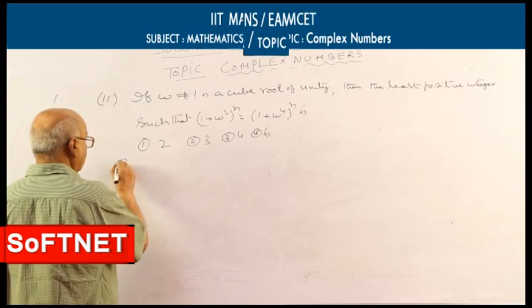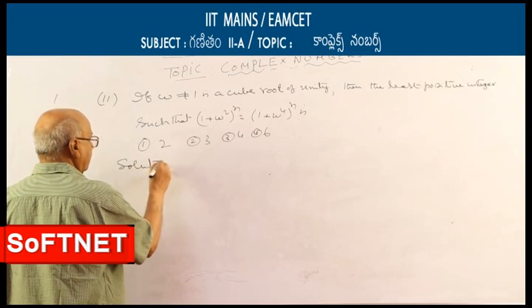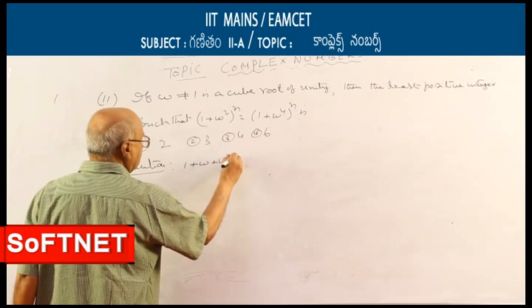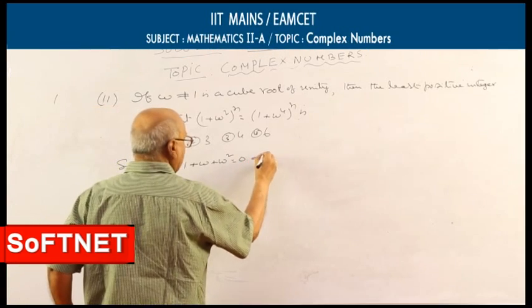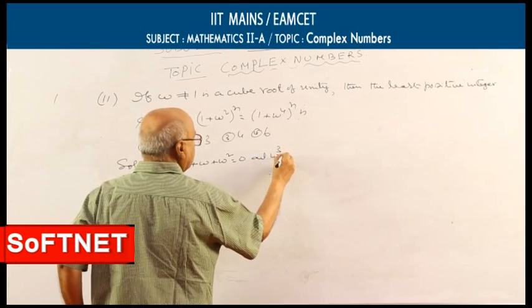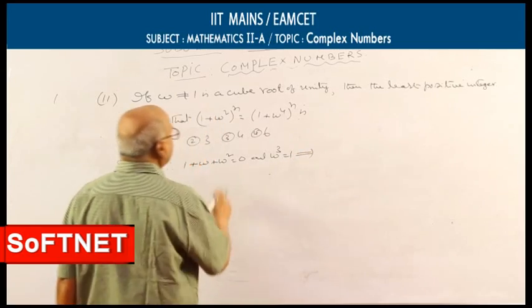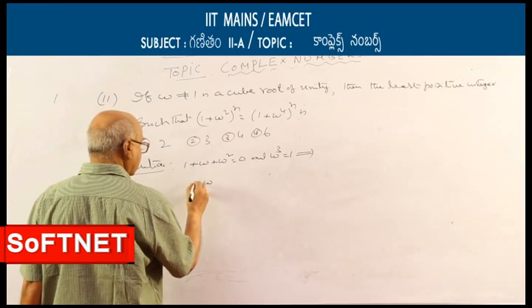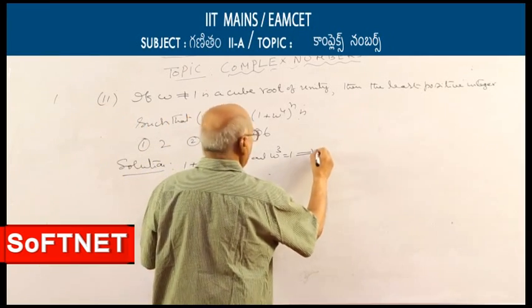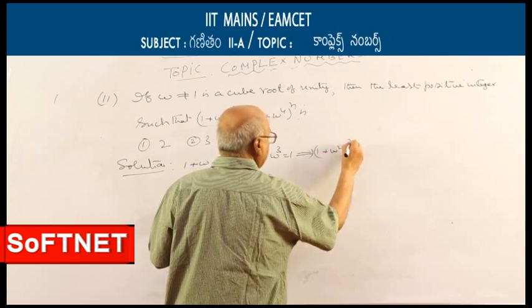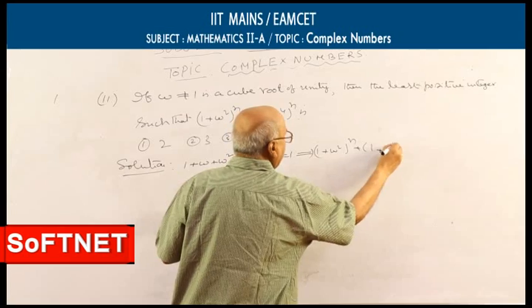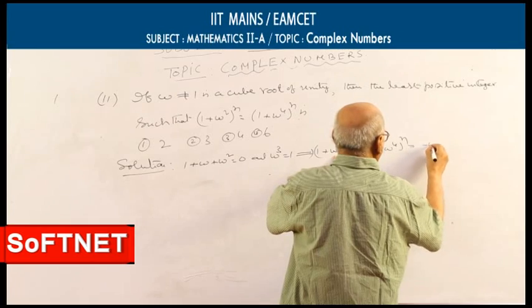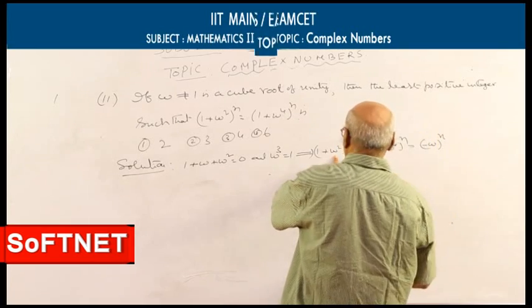So now the solution is, you know that 1 plus omega plus omega square is equal to 0 and omega cubed is equal to 1. This implies 1 plus omega square is minus omega. Given expression implies 1 plus omega square whole power n is equal to minus omega whole power n.